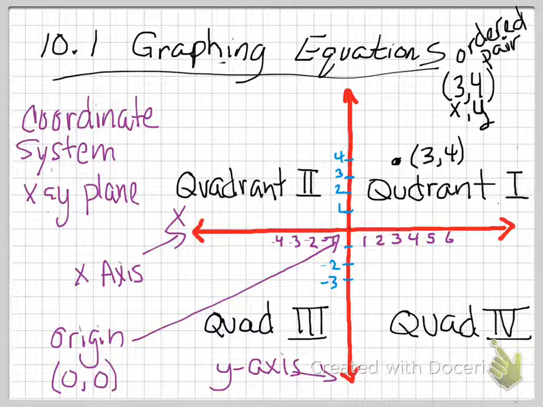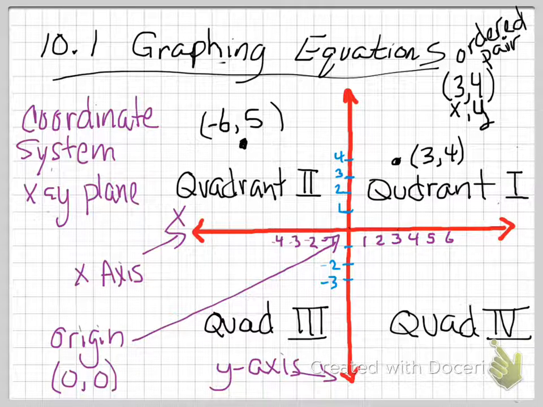So if I just randomly picked a point right here, that ordered pair, if I look at the x, I went over -6, so my x is -6, and then I went up 5, so my y is 5.